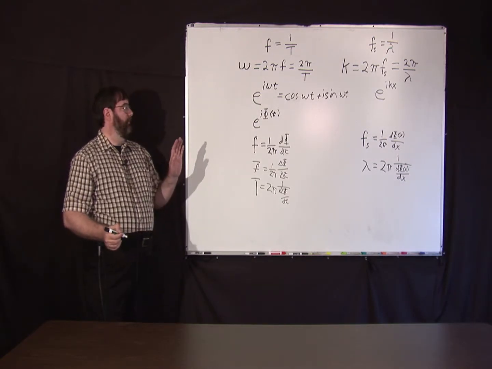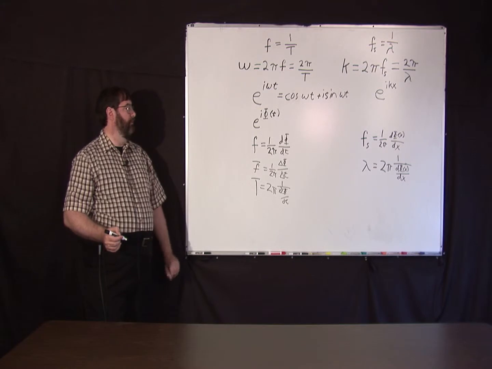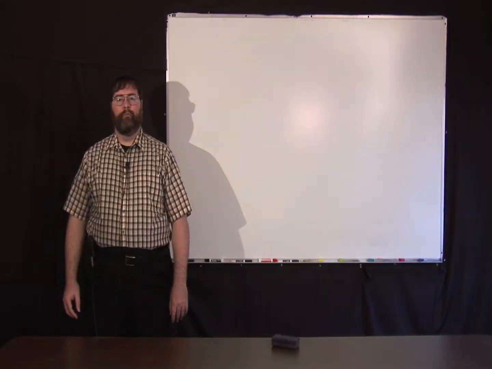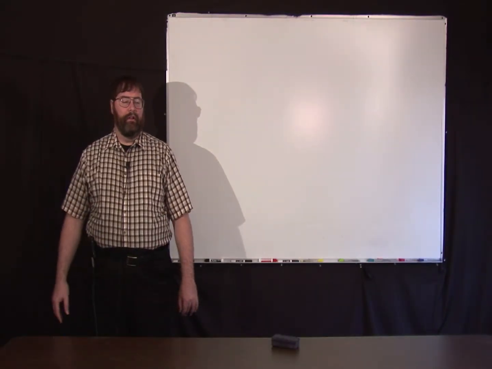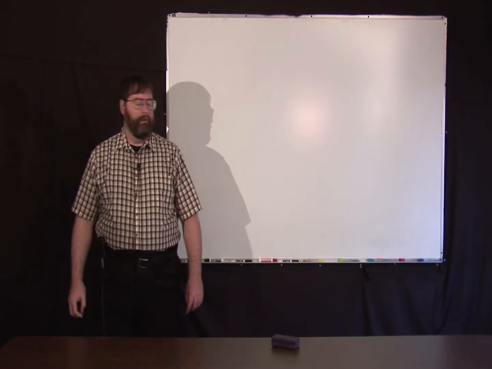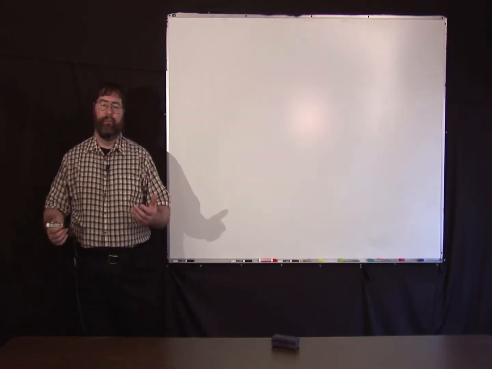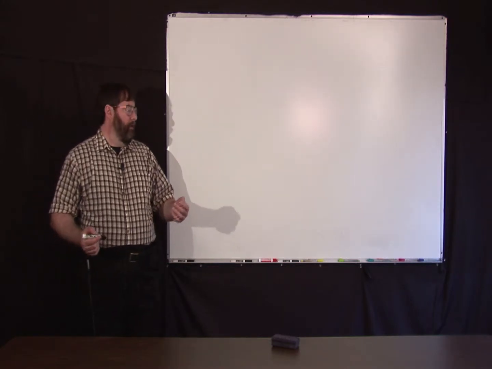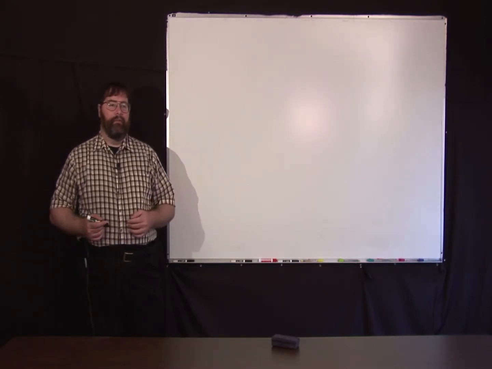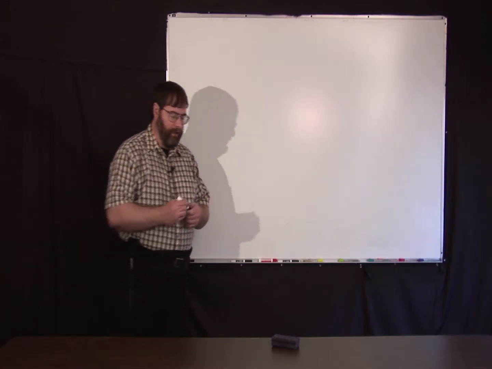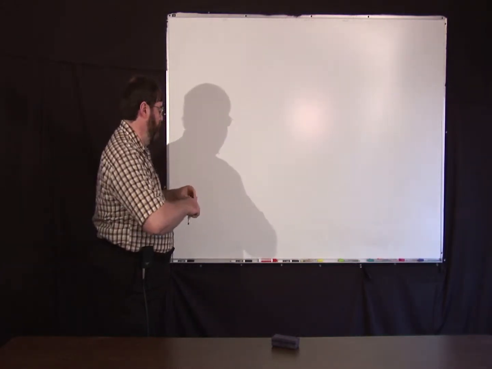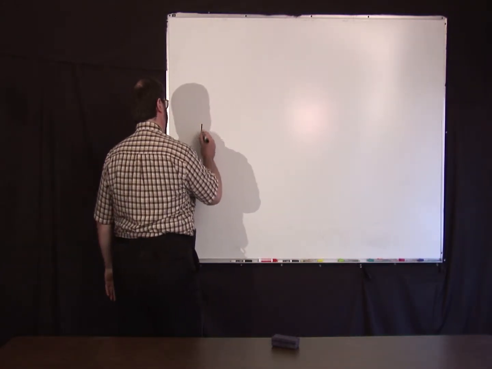Now, that's pretty much a review of what we did last week. There's one more loose end that we need to tie up from last week. I had mentioned that you could measure the frequency by counting pulses. Well, let's say that you have some standard that's putting out some pulses at some period t standard.